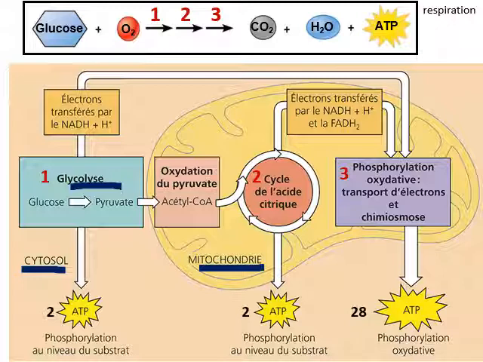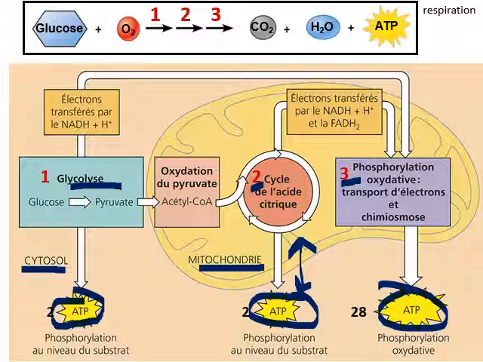Steps 2 and 3 take place inside the mitochondria and involve atoms and electrons traveling across the membrane. The next 3 slides show the details of each step. Each step produces the substances needed in the step that follows. But the important thing to remember is this, that together these 3 steps produce ATP.